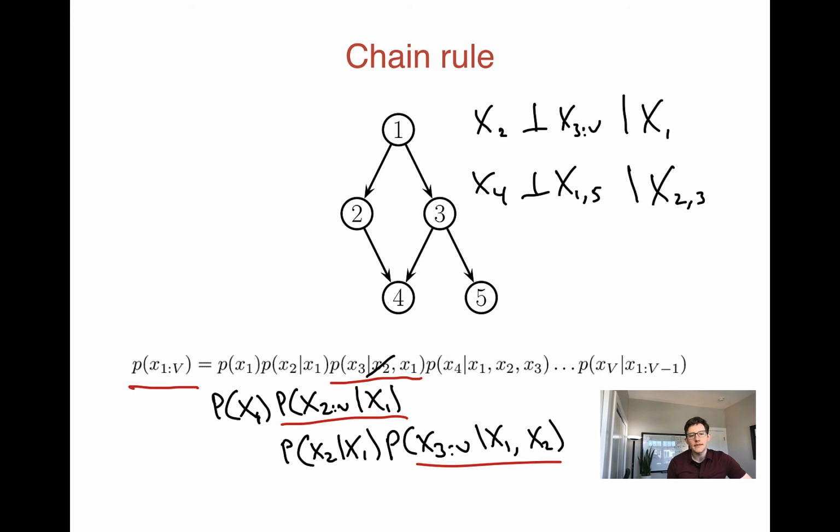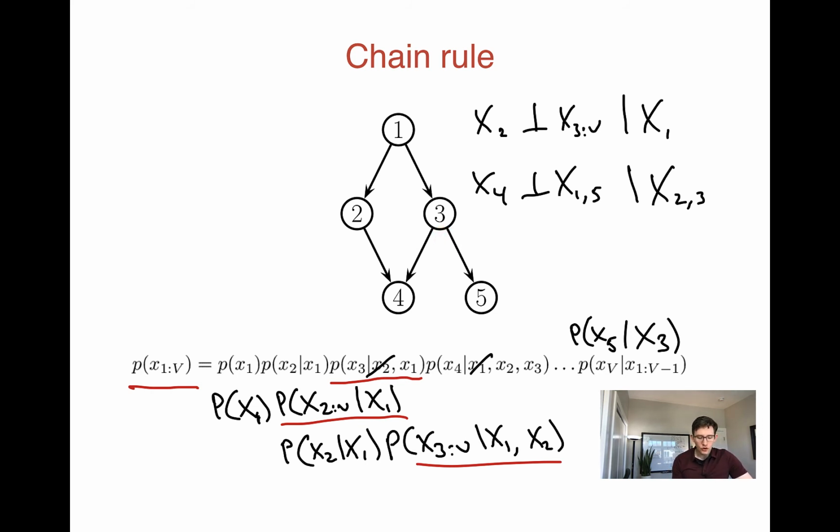I can take that out of the condition. I can do the same thing for x4: x4 depends just on x2 and x3, so I can take the rest out of the condition. And let's look at our last term, the probability of x5. When I write it in the chain rule, it's dependent on everything else, but I can cross off everything except x3, because the network asserts that x5 is independent of everything except x3.